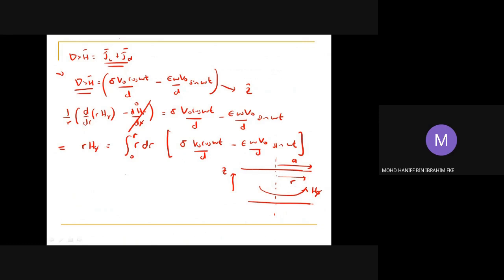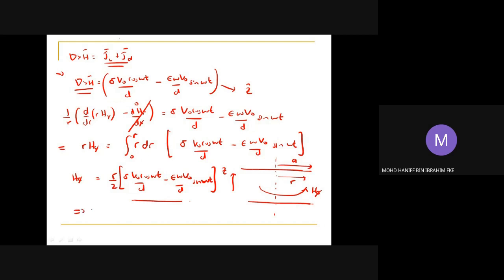So for this, when we proceed, we're going to have the value of H_phi. If I bring the r to the right hand side, I'm going to have it equals r divided by 2 of sigma V naught cosine omega t divided by d minus epsilon omega V naught divided by d sine of omega t. So that should be my H_phi.